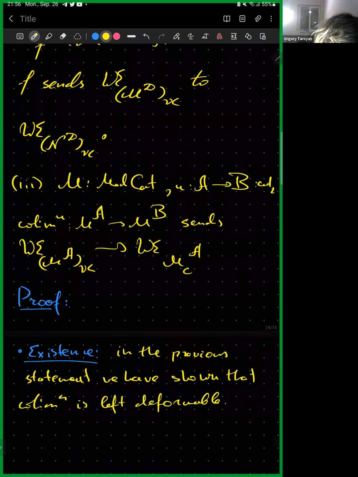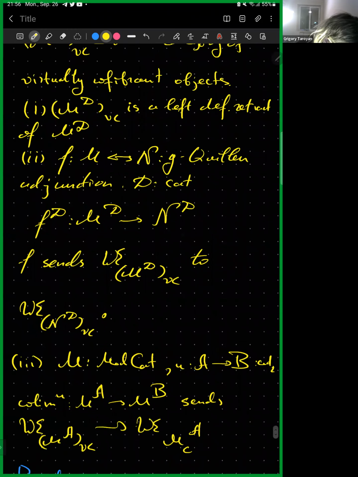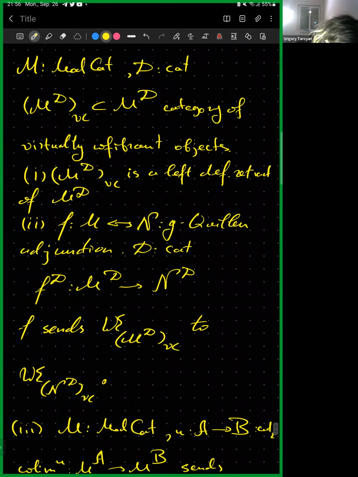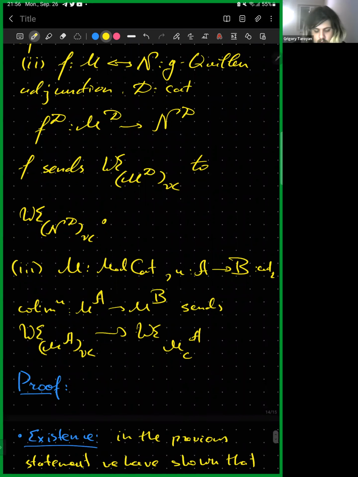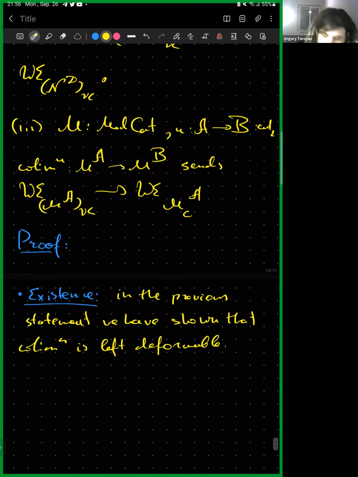Why is that? Well, we've just established that the colimit functor is homotopical on the subcategory of virtually cofibrant objects, which is a left deformational retract of the category of all diagrams. So this means that the functor colimit U indeed has a left approximation.